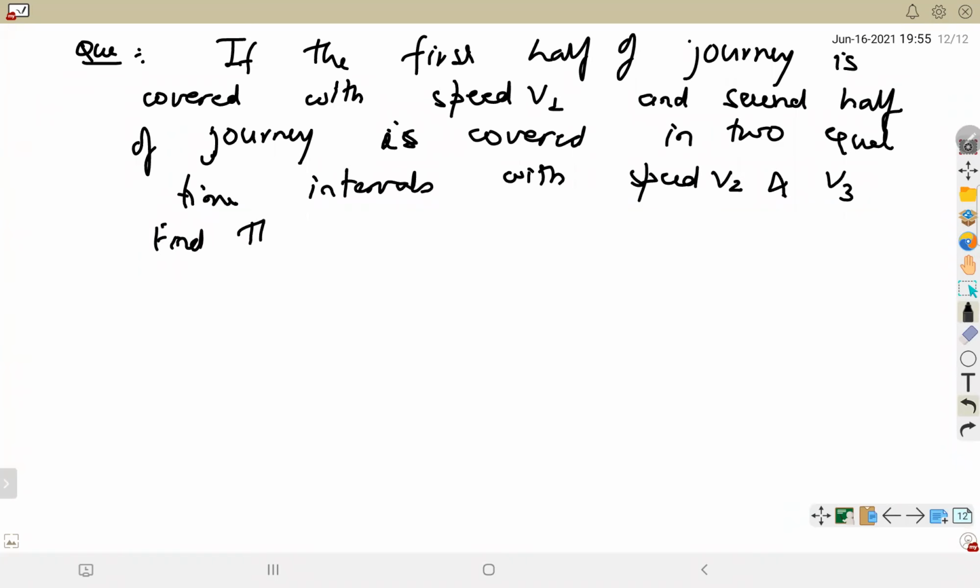Find the average speed of this entire journey.